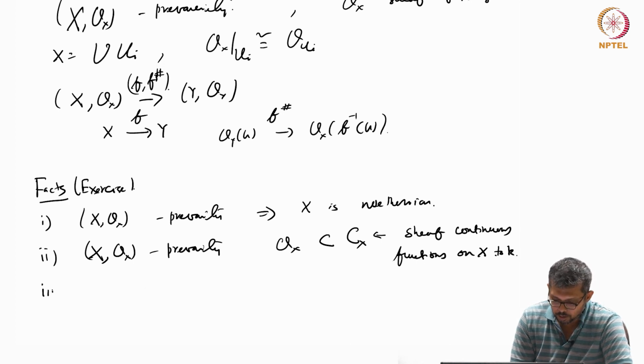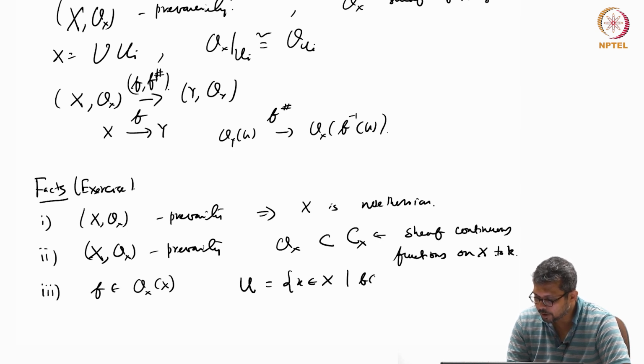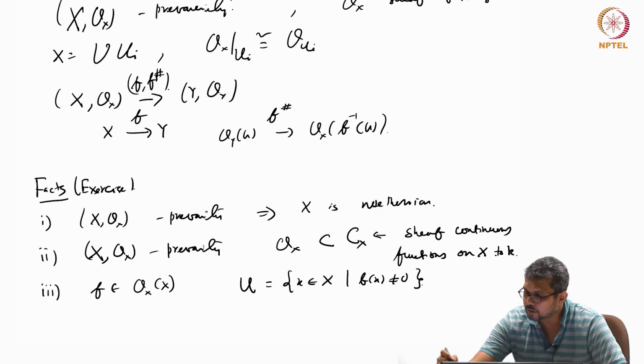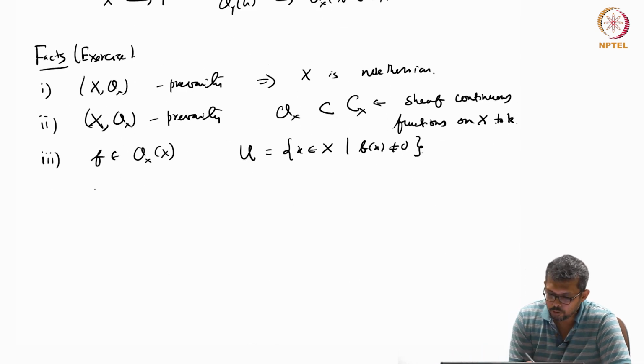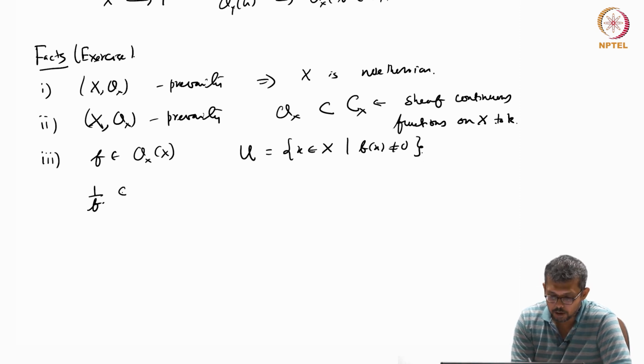So if you take a global section, if f is in OX(X), then you can talk about the open set U, the set of all points x belonging to X such that f(x) is not equal to 0. Then if you consider 1 by f, as a function, as a map, it is defined on U. So 1 by f belongs to OX(U).